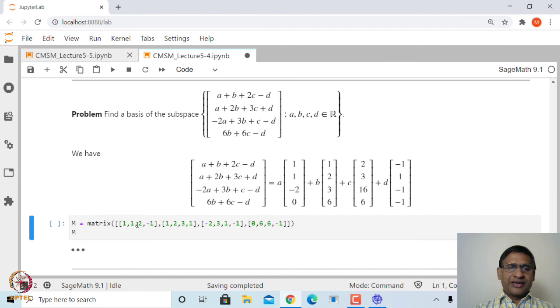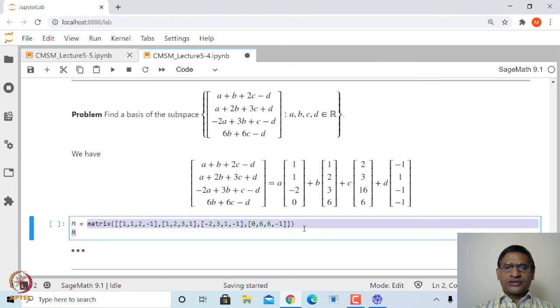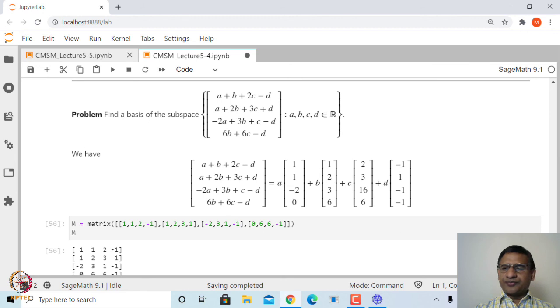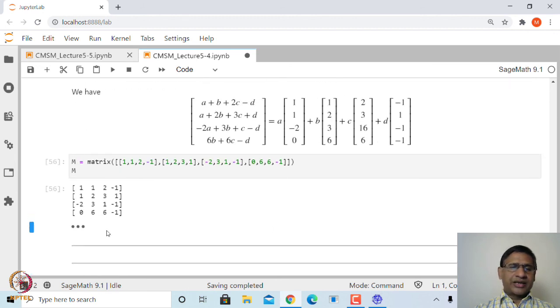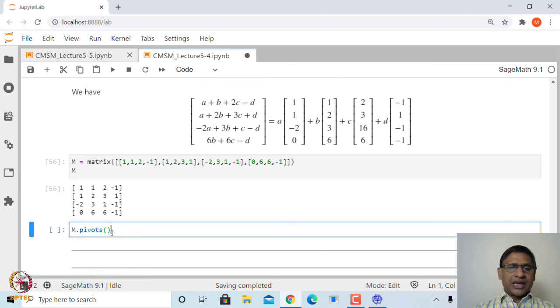So we define a matrix whose rows are these vectors, and take the RREF of this row matrix. Notice that we are defining this row-wise, this 1 1 2 1.